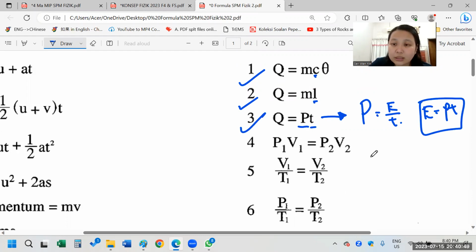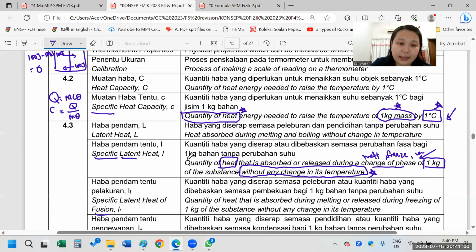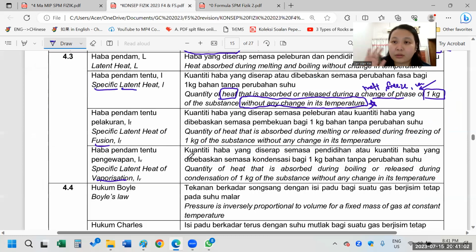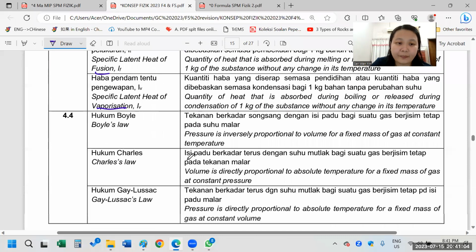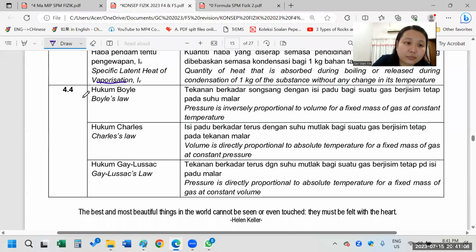Now here, can you draw out the triangle and tell me the name? If you cannot, then the marks say bye-bye to you. You can draw it here too. The formula is here.